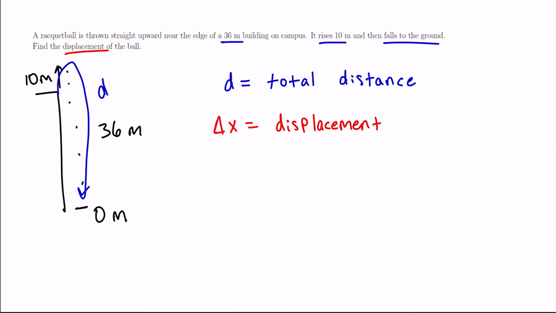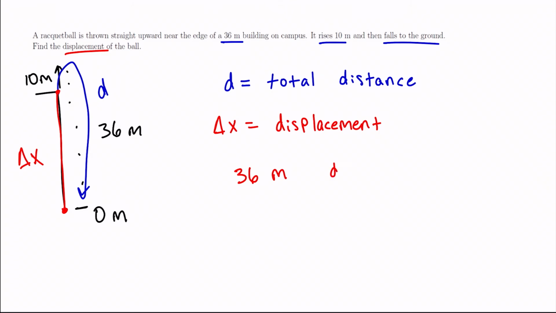This path represents the total distance traveled, and this is the displacement, just a straight line that only depends on the initial and final points. But without even doing the calculation, we can say that the displacement is 36 meters because that's the height of the building. Since it started at the top of the building and ended at the ground, the displacement is 36 meters.